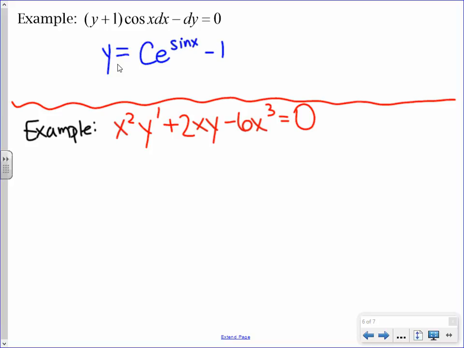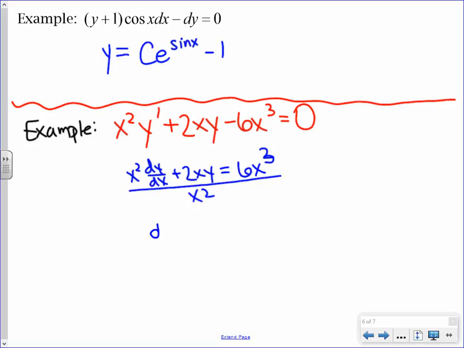You are right, you do need to add that 6x cubed over, so divide by x squared, because you want dy dx to be by itself. So you will have dy dx plus 2 over x times y equals 6 over x.